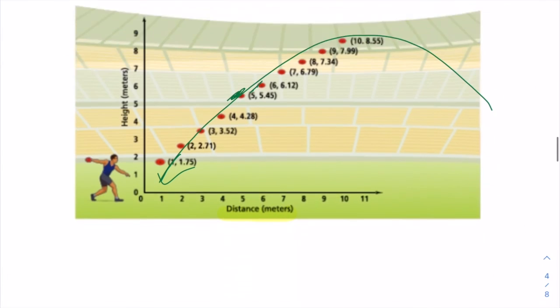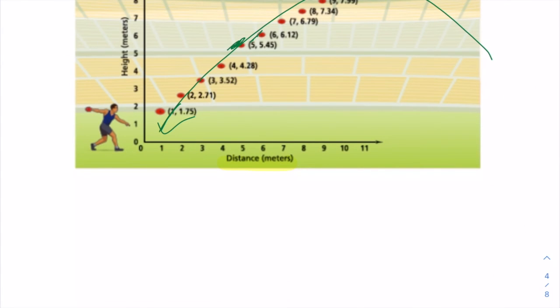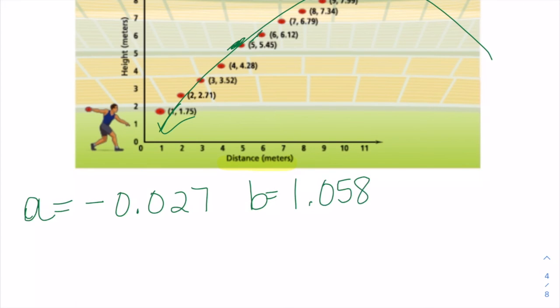So let me go back here, and with the technology, I was able to see that a was equal to negative, and I'm going to round to the thousandths, 0.027. b was equal to 1.058, and c was equal, and I should say it's approximately because I'm rounding here, 0.672.